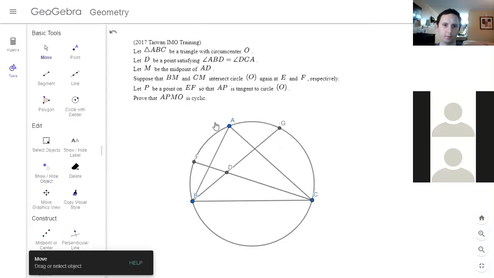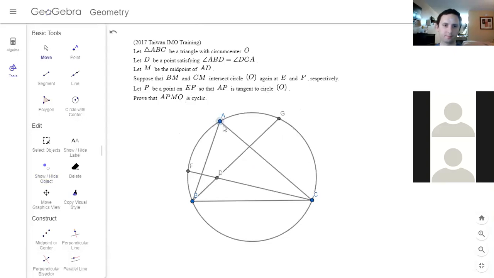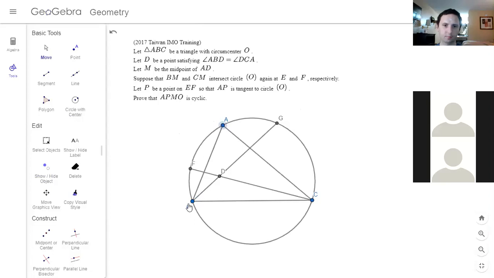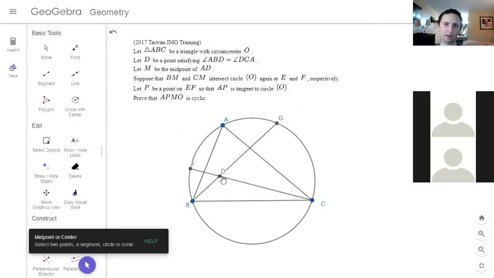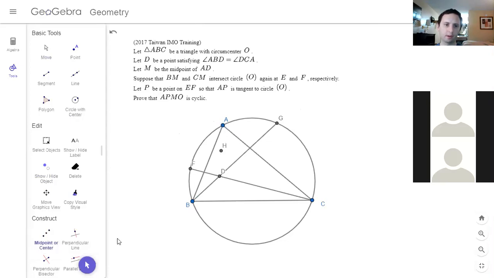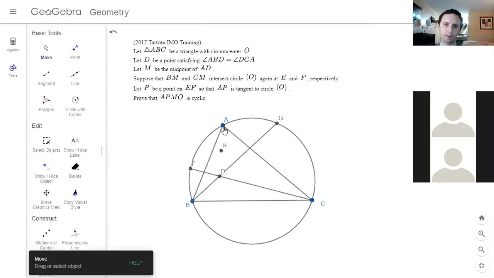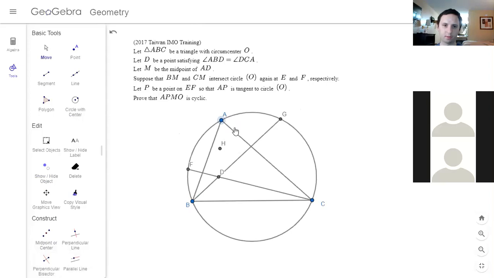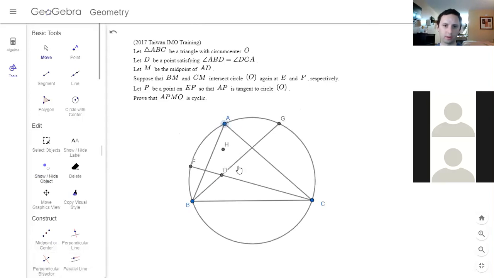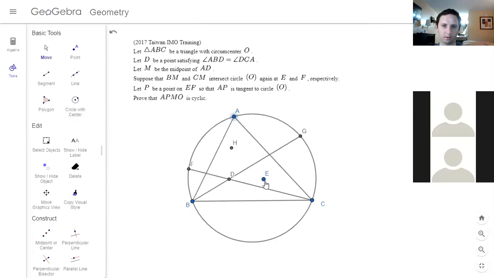M is the midpoint of AD. So I don't want to make it look like AD is perpendicular to BC. Let me see if I can. I might want to move point E around a little bit and then hide it. Maybe that's good.